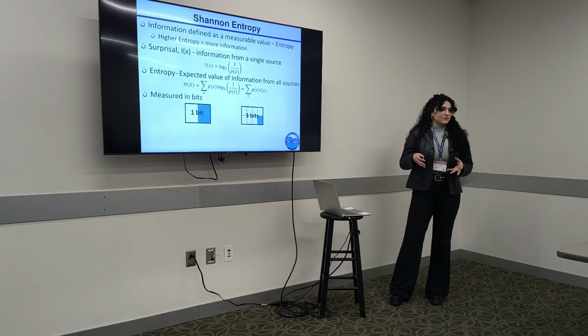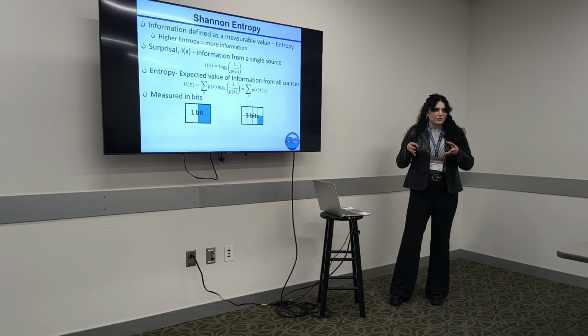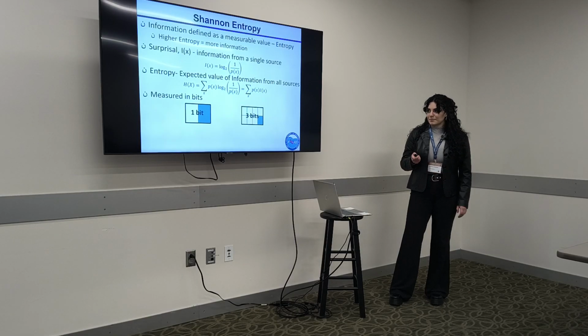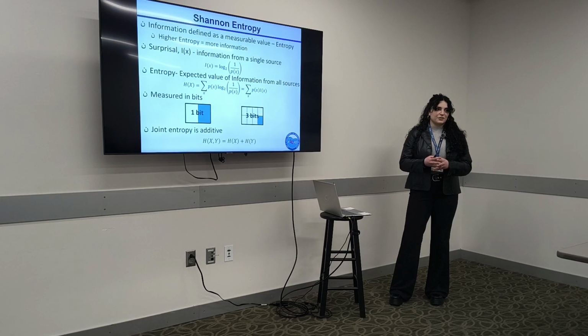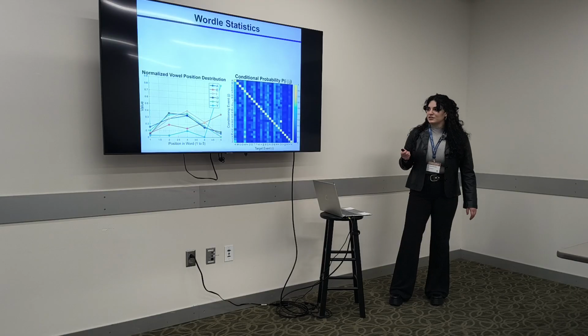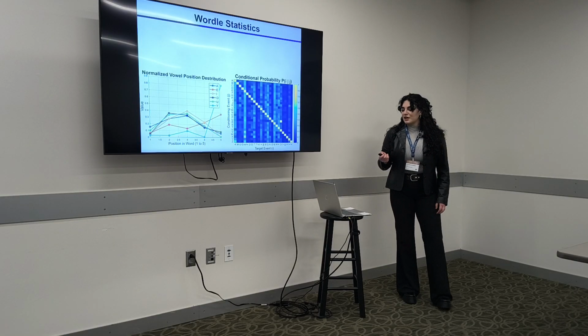While if you receive 3 bits of information, that means that there's only 1/8 of the original set of possible outcomes remaining that can occur. And finally, joint entropy is additive, so if you have 2 sources of entropy, you can add them together and get the total entropy of 2 items.